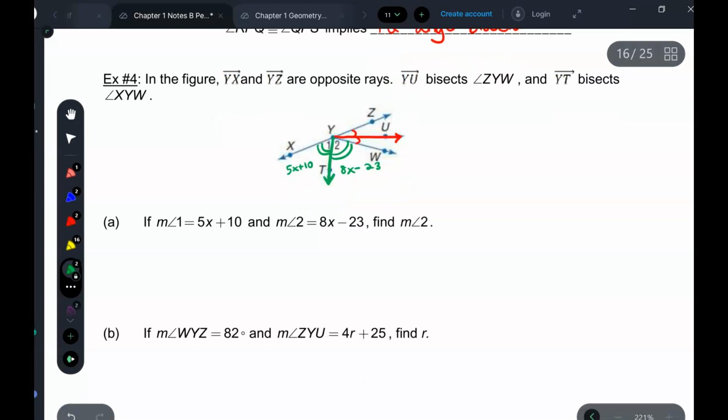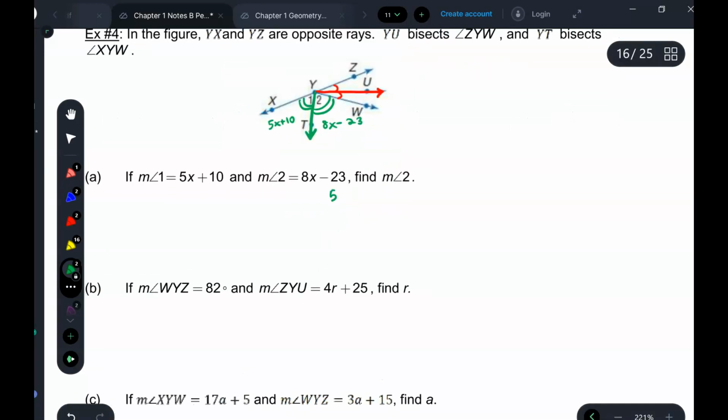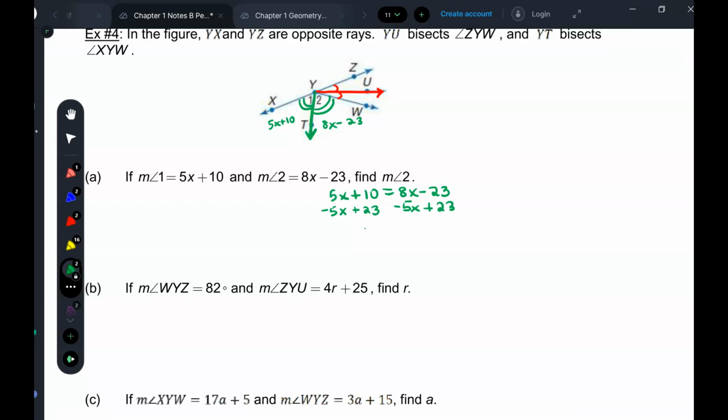So let's make them equal. I'm going to subtract 5x from both sides. I can also add 23. We're trying to find the measure of angle 2, so let's just solve. Divide by 3, and yes, we do get 11.